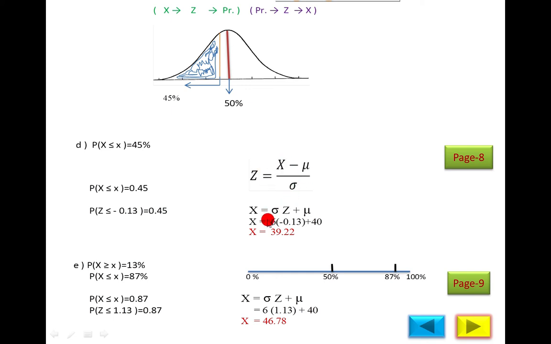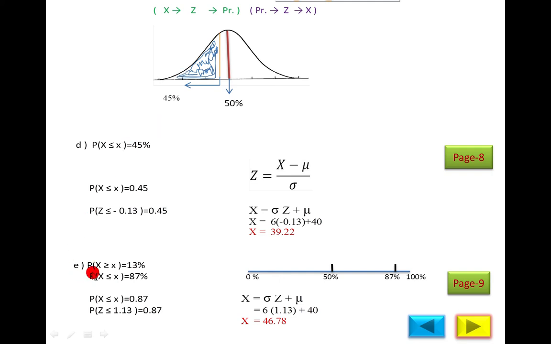So substitute here the value of sigma 6, z minus 0.13, mu 40, simplify, the value of x is 39.22. So if the area is below, this point will be 39.22, or you can say if the value of x is 39.22, the area will be equal to 45%.